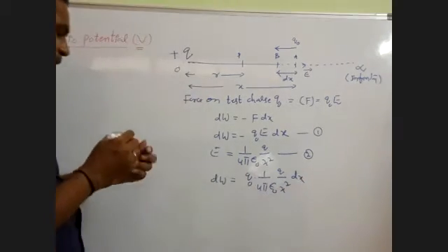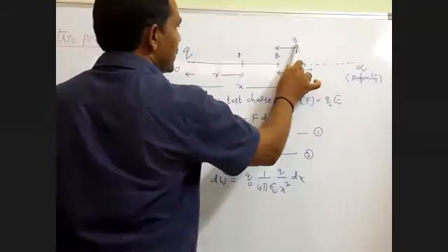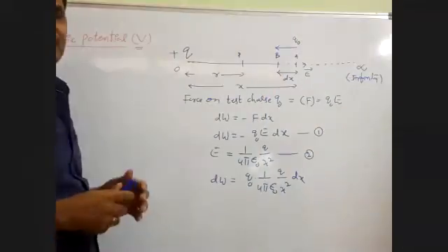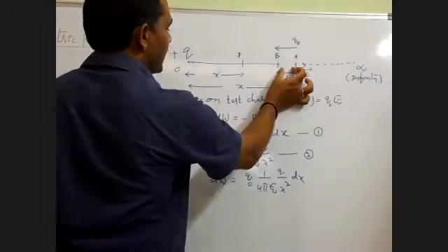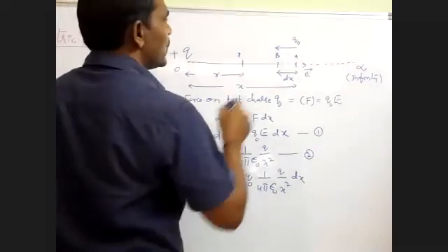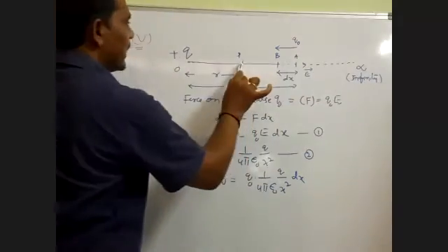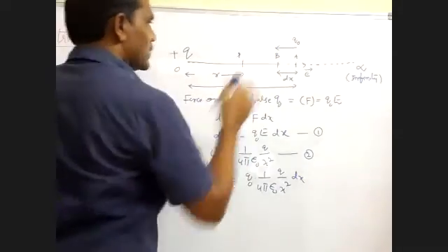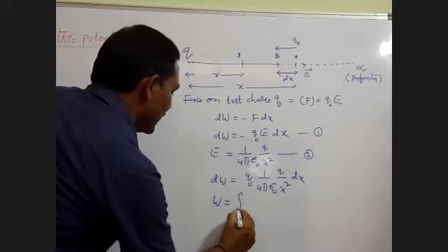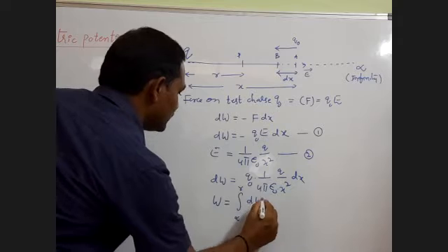Therefore, the total work done in bringing the test charge q naught from infinity to the point P. For the small displacement dx, the work done dW. Actually, what we are doing, we are bringing the test charge q naught from infinity to the point P. So then we can write the total work done W equal integral, that is infinity to r dW.